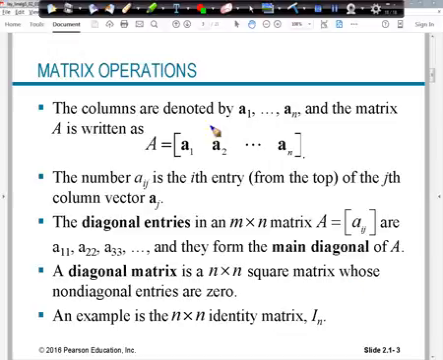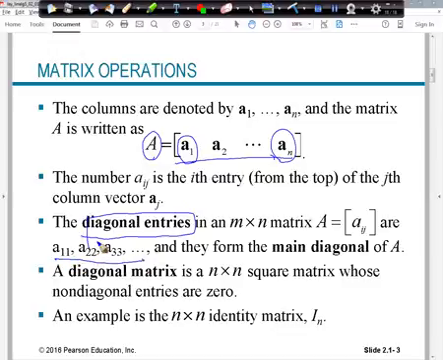And then simply using these column vector notations of a1 through an, we can represent the matrix A in this form. Okay. And then the diagonal entries are these guys, a11, a22, and so on.